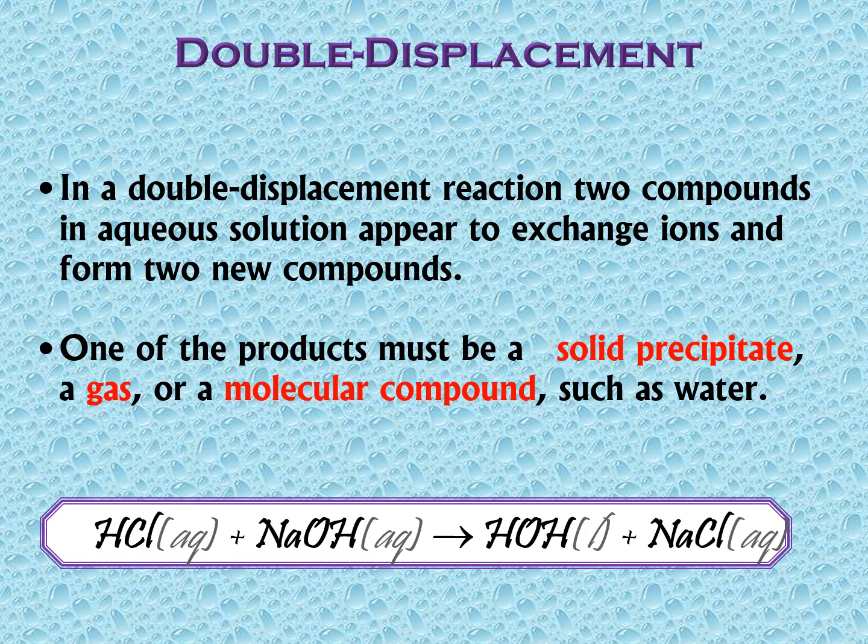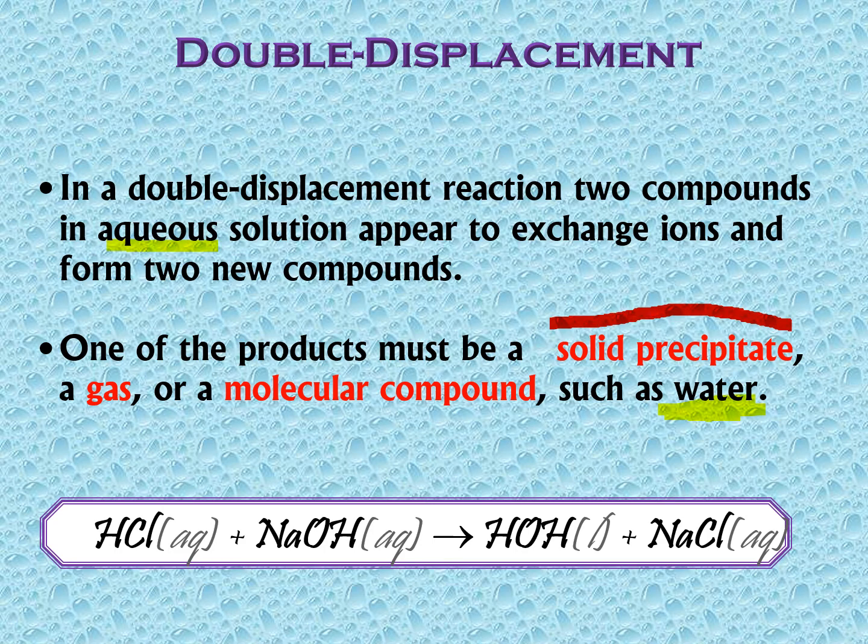If a molecular compound such as water is formed in an aqueous solution, it's not very noticeable because you've already got other water molecules present other than the ones you're producing from the reaction. So a lot of times what we see from these reactions, what we notice are the solid precipitates. What does the word precipitate mean?